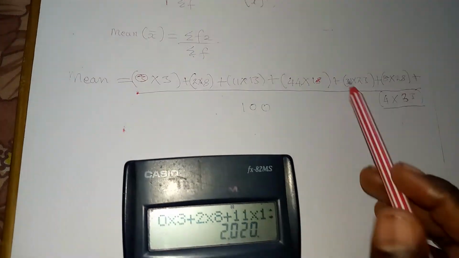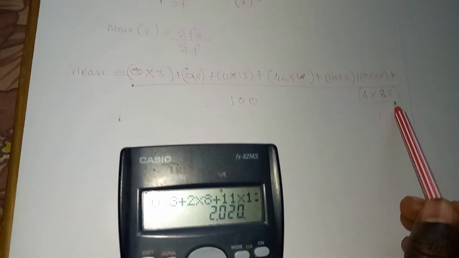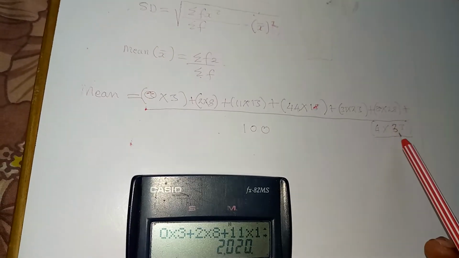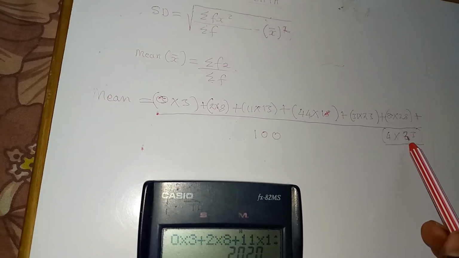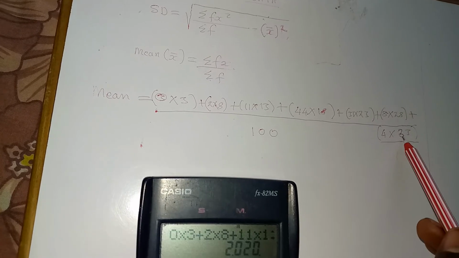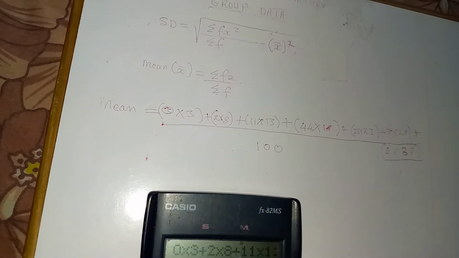When you are done multiplying everything here, you add everything. At first here we misplaced a number, it was supposed to be 33. So then the answer is 2020.